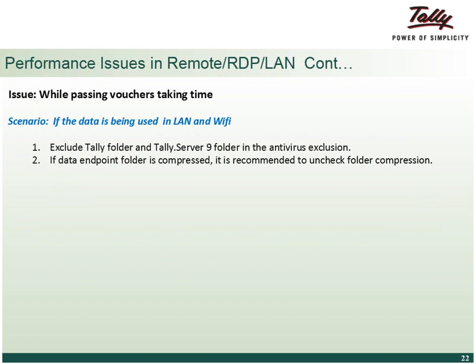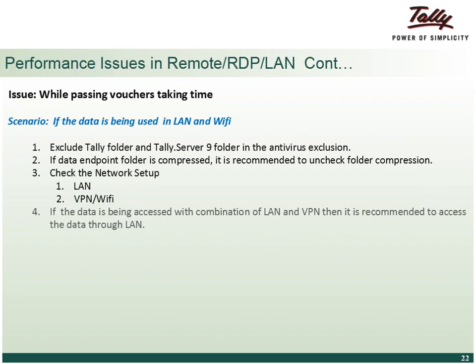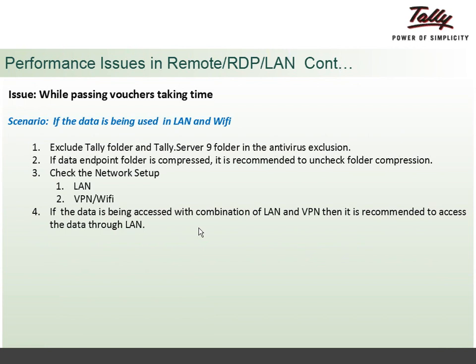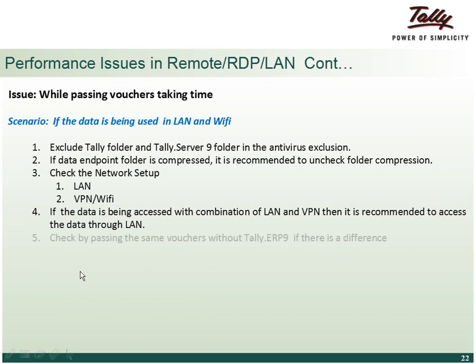Check the network setup, that is, whether it is LAN, VPN or Wi-Fi. If the data is being accessed with a combination of LAN and VPN, then it is recommended to access the data through LAN only. Also check by passing the same vouchers without Tally Server 9 to see if there is any difference.